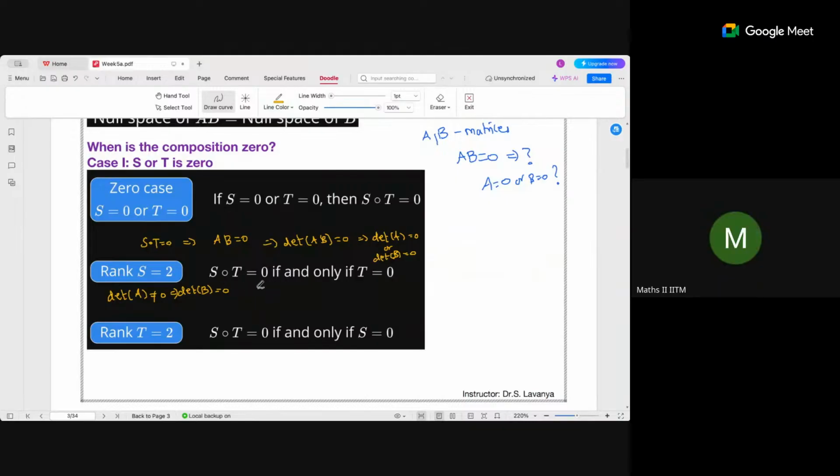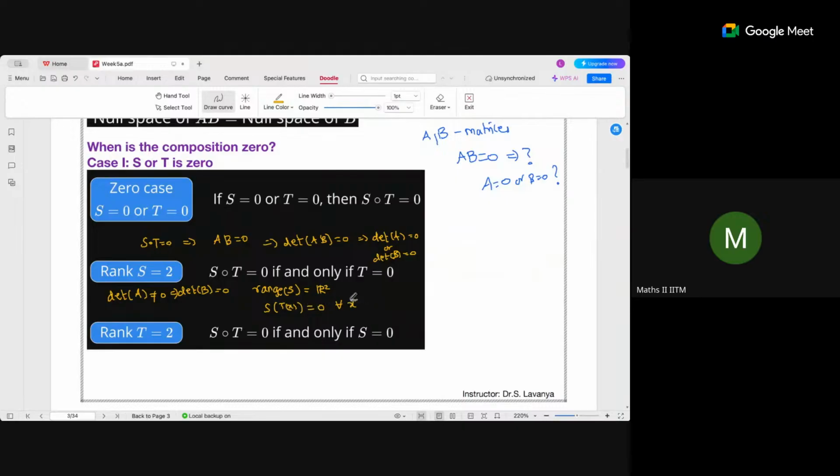So here, range of S composition T, rank of S is equal to 2. So what is the range of S? Range of S is R2. Now S of T of X is your null space, and you know that this is 0 for all X. Now what can you say about Tx?